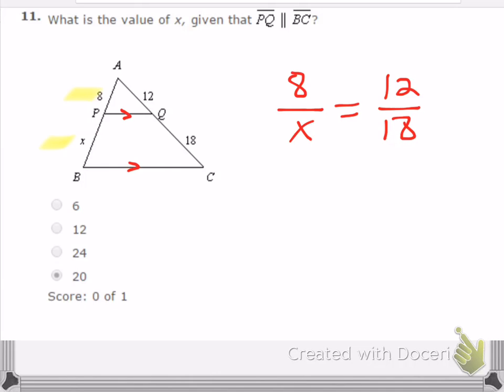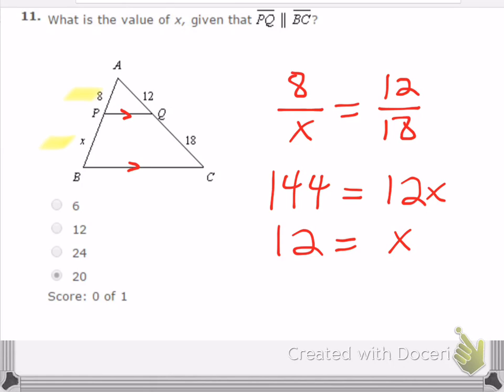To solve a proportion, you cross multiply, and we're going to get 8 times 18 equals 144 equals x times 12, which is 12x. And then when you divide both sides by 12, we get x equals 12.